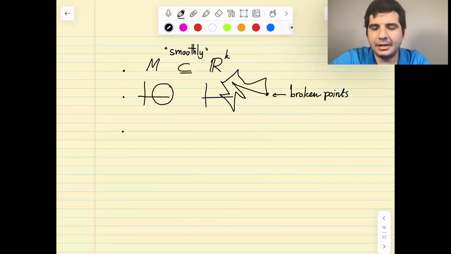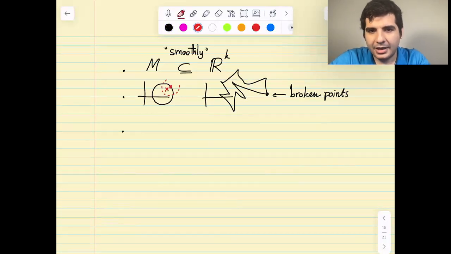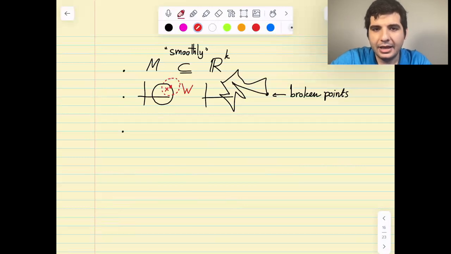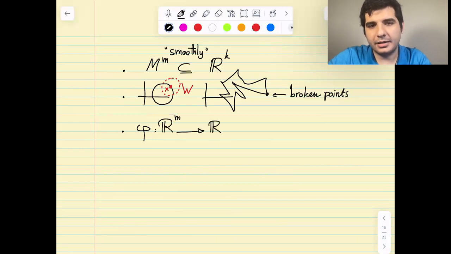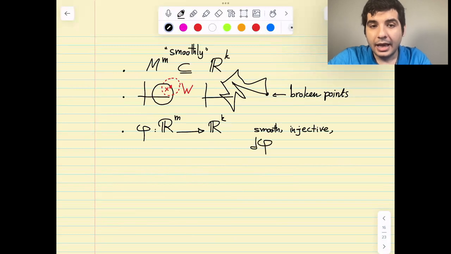Let's again take a point x. I would say the manifold M has a smooth embedding in Rk if at any point x on M there is a small open neighborhood W inside Rk, which includes x, and a map phi from Rm, where the manifold M is m-dimensional, to Rk, which is smooth. The domain is either Rm or some open subset in Rm; that's not very important. The map should be smooth, injective, and the derivative of this map at each point should be injective. As a map between Euclidean spaces, we understand the derivative in the calculus sense.